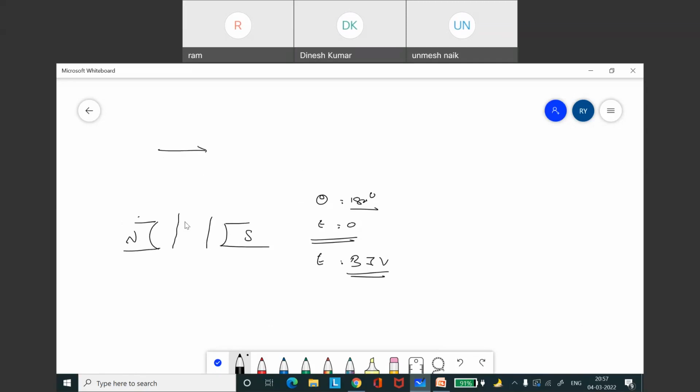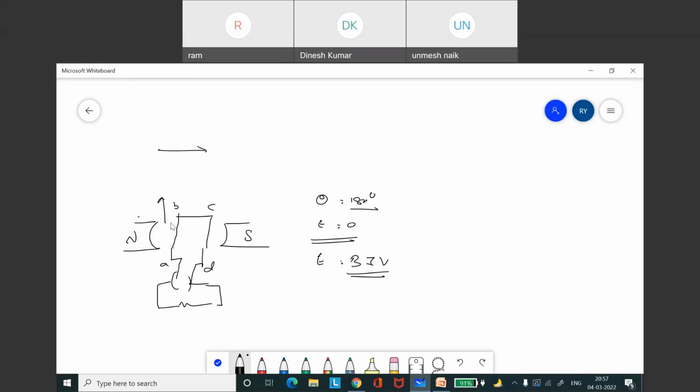Single loop generator. So only one coil connected to split rings. This split ring is connected to some load. So let's say the conductor is moving upward direction. So name the terminals here.